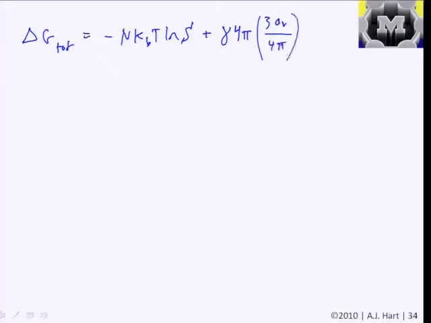So now our total expression for the free energy change delta G is equal to our expression for the bulk change in energy in terms of the supersaturation plus the surface energy gamma times 4 pi times the constant which relates to the atomic volume of the material we're working with multiplied by n to the 2/3.